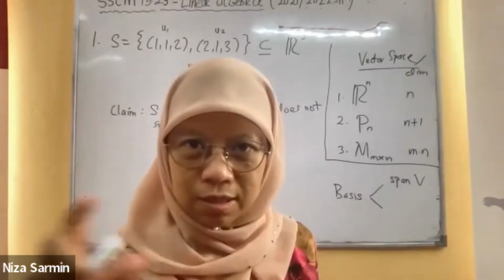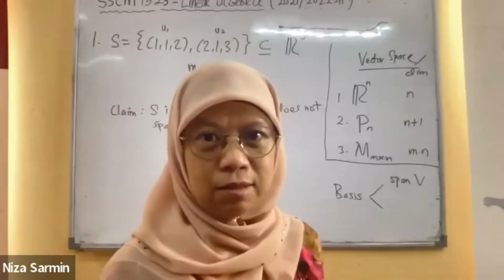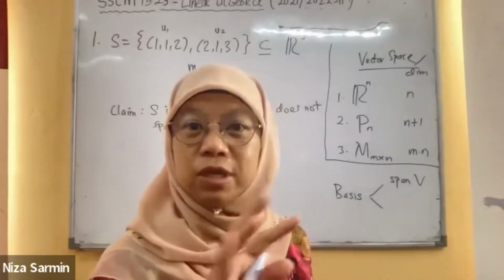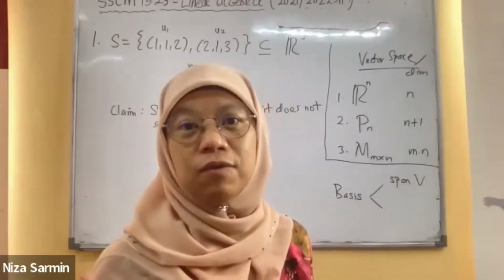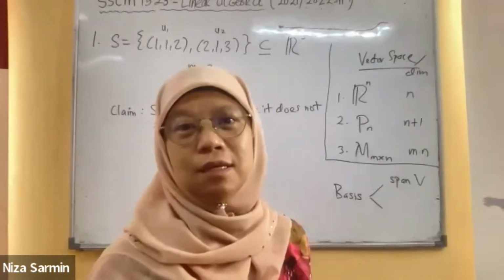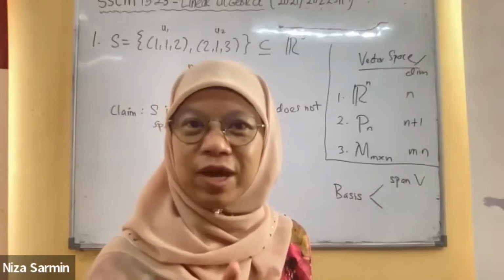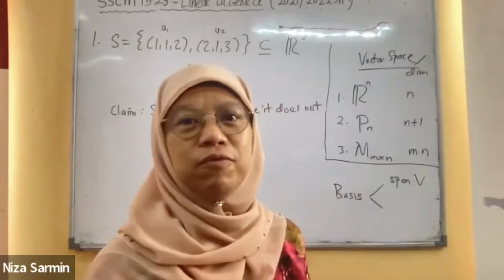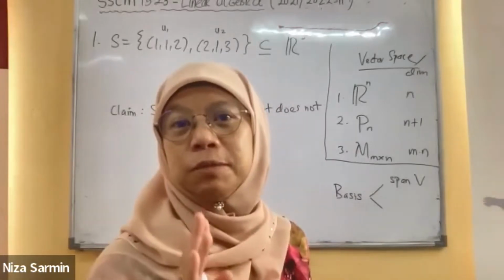Okay, that is the spanning. Spanning means any vector in V can be written as a linear combination of vectors in S, which means you can find the C's, right? That is what it means by spanning.